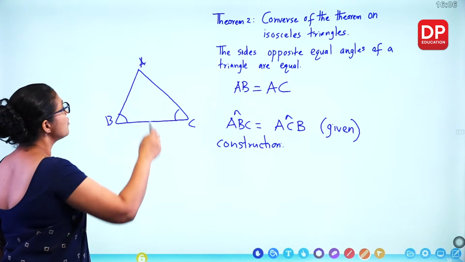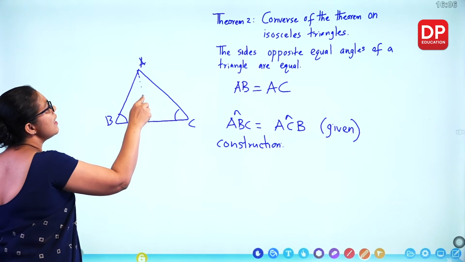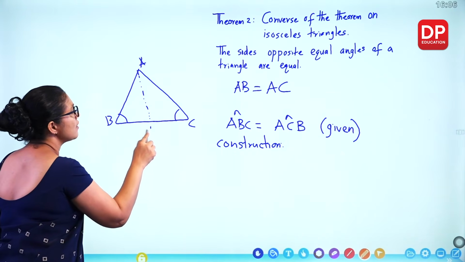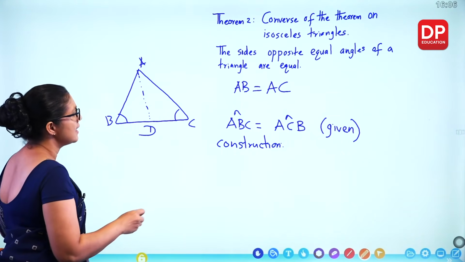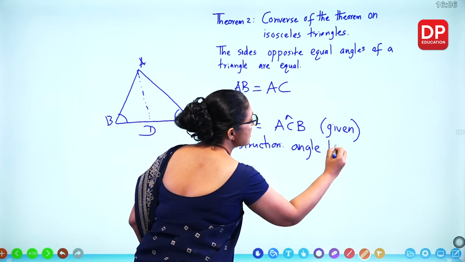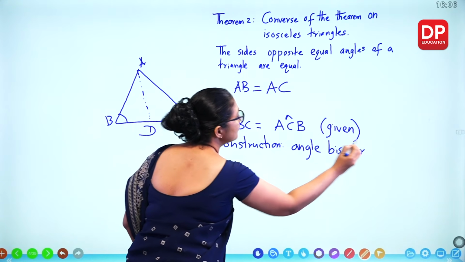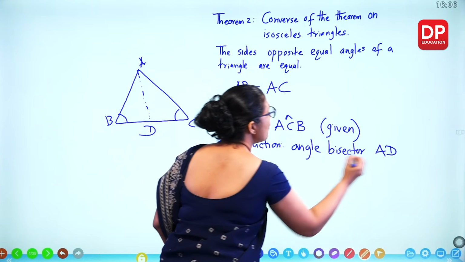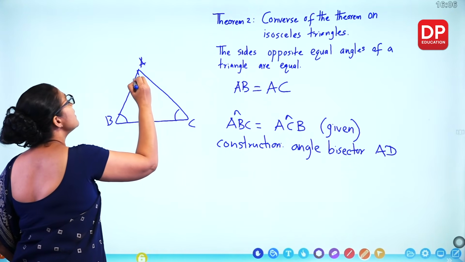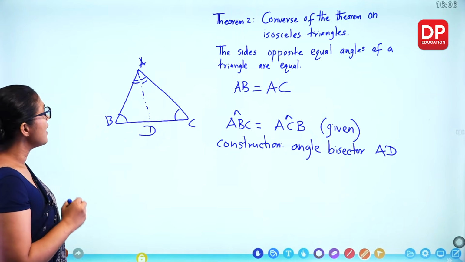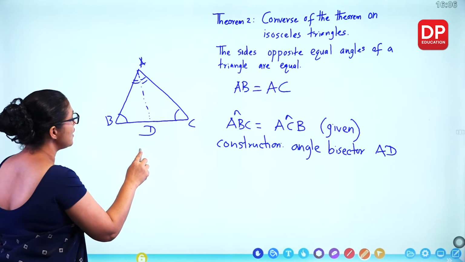We can draw the angle bisector from A. We'll call it AD. So we are drawing angle bisector AD. So angle bisector means this angle is equal to this angle. So here what can you say about these two triangles?